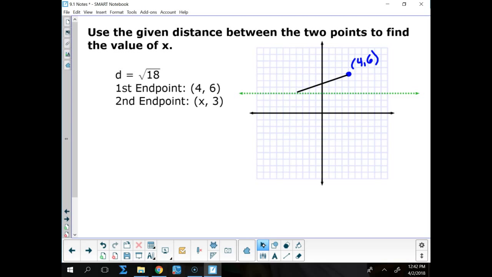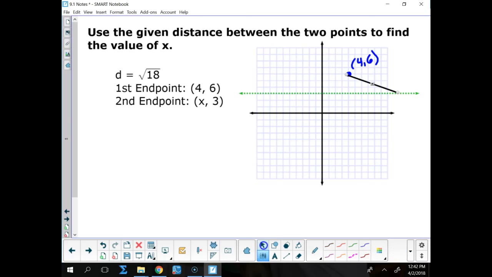I'm not sure that that's the exact point. What about if I went over here? Same distance. Locked it in. So how many answers am I going to look for in this one? I'm going to look for 2 answers in this one. Okay? So, how do we set it up?